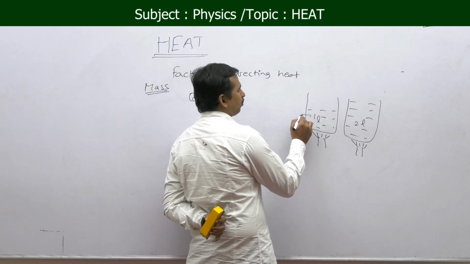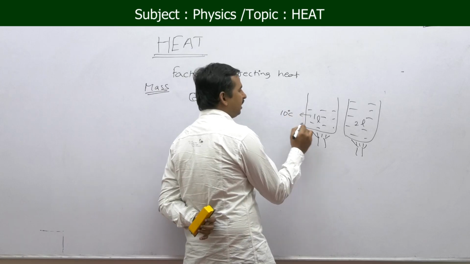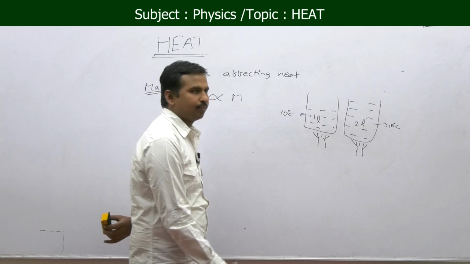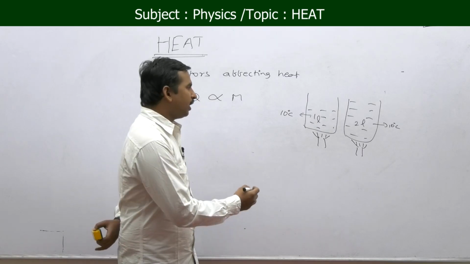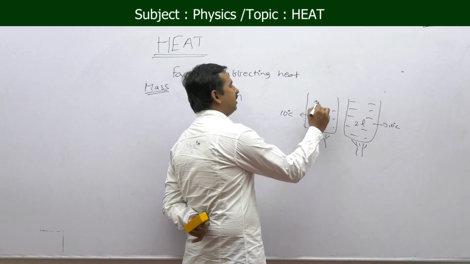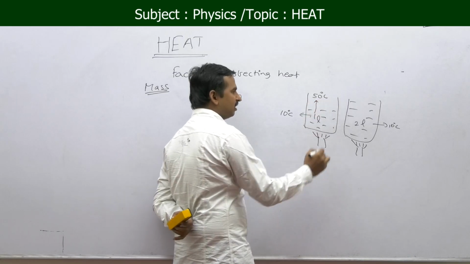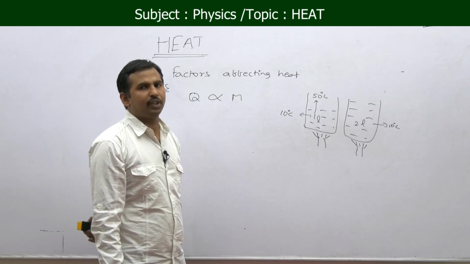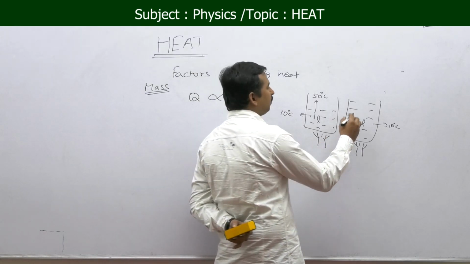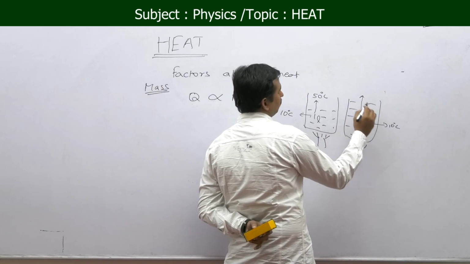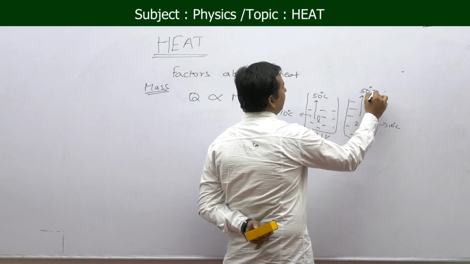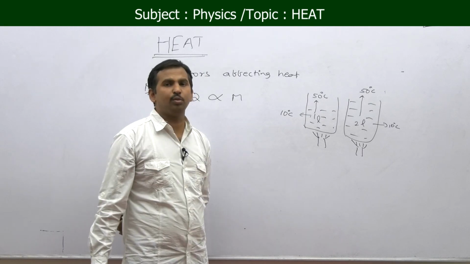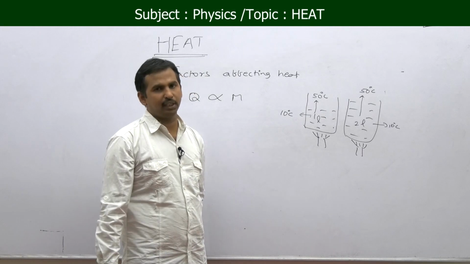Let us suppose the initial temperature is 10 degrees Celsius in both. The time taken for the 1 liter of water to raise its temperature to 50 degrees Celsius is very less; it reaches 50 degrees Celsius very fast. Whereas for the 2 liters of water, it takes more time, even though the change of temperature is the same, 10 to 50 degrees.